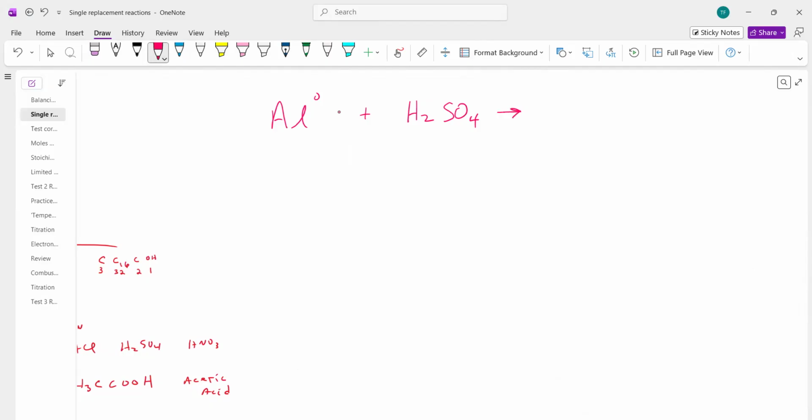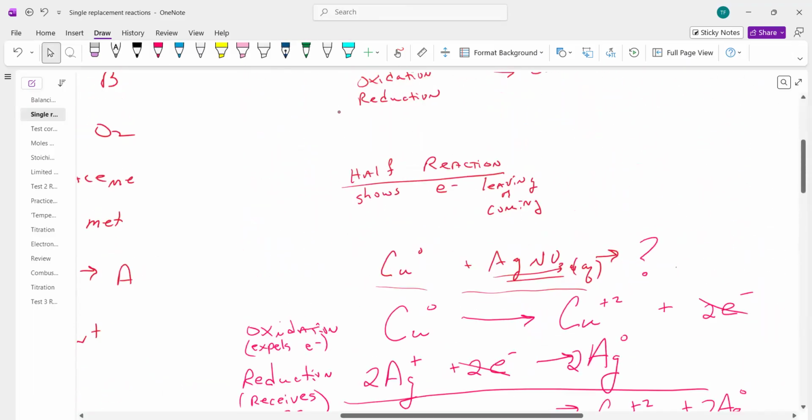Okay. So is this reaction going to happen? Is the aluminum above the H2? Now, whenever we have acids, we have H2. So in the reactivity series, we have to find H2.